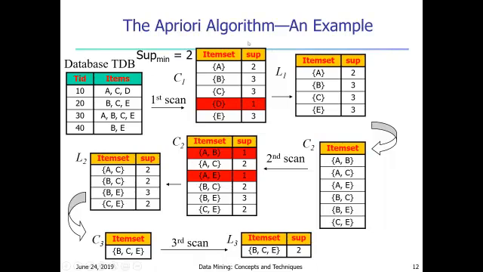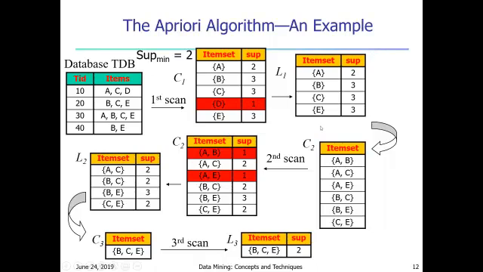When we consider the one item sets and the support, we can see item D has a support of 1, which is less than 2. Therefore, D is disqualified based on the minimum support. So we filter out that item. In L1 we can see the frequent one item sets.